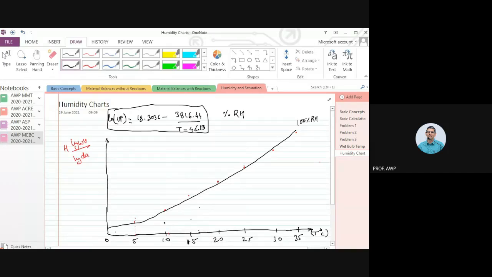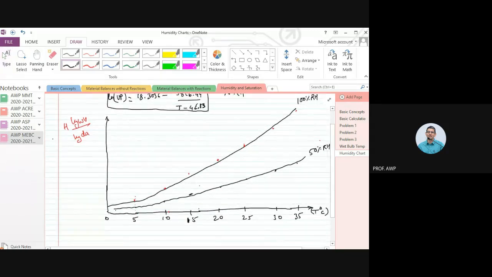Same we plot the 15, 20, 25, 30, 35 degree centigrade points, and join all those points. So all these points will be having 50% RH, but they are plotted in terms of temperature and humidity. Do you understand? Yes or no?